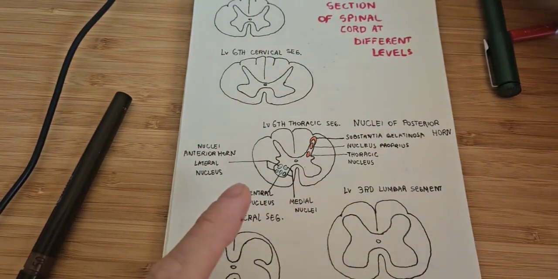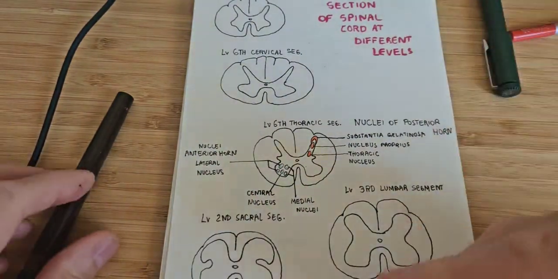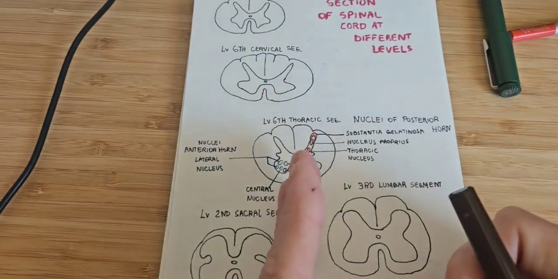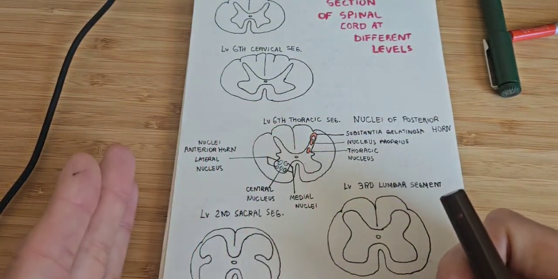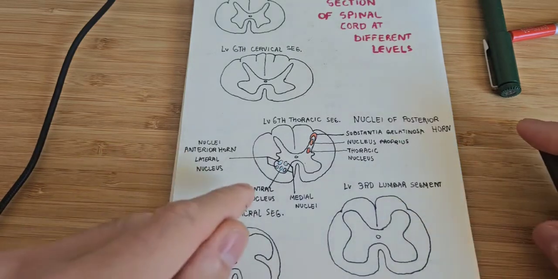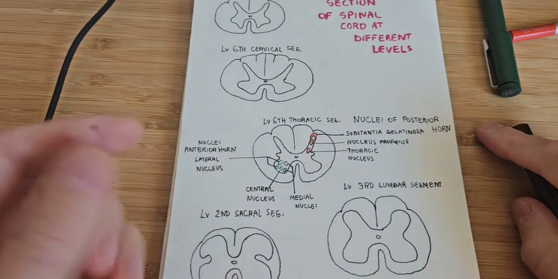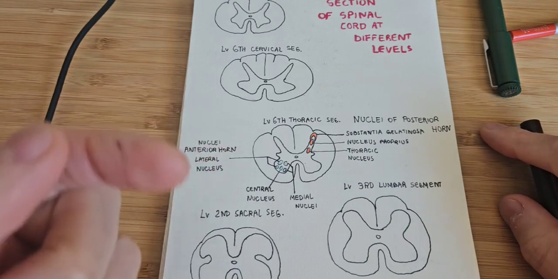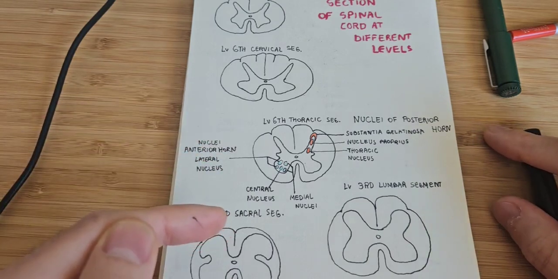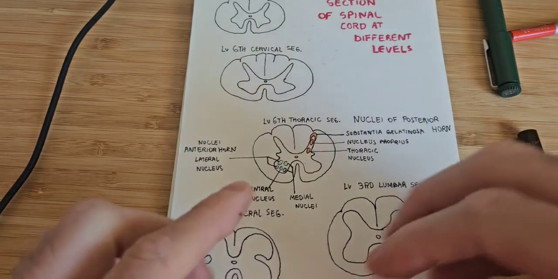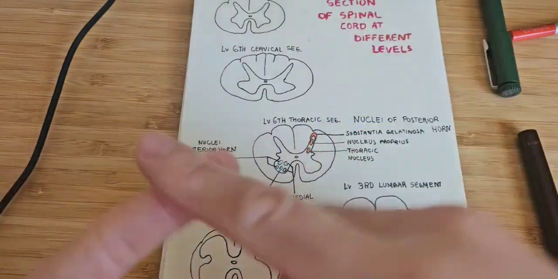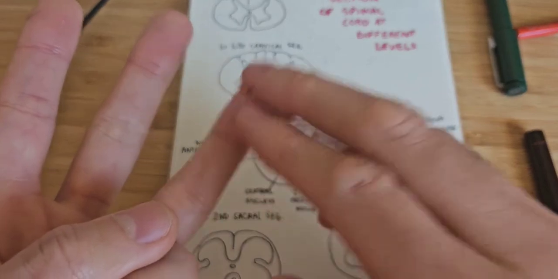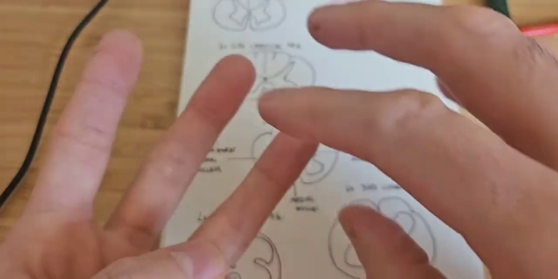Okay, the lateral nuclei, this one, is located laterally in the anterior horn. And these nuclei contain motor neurons that innervate the muscles of the limbs, both upper and lower limbs. They are responsible for controlling voluntary movements of the arms, legs, and also the joints associated with these limbs.